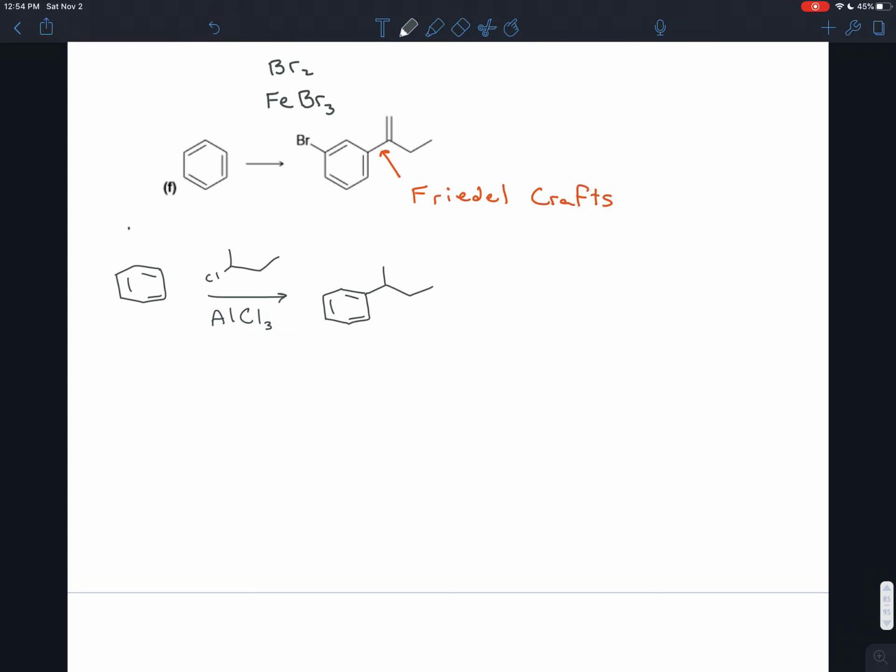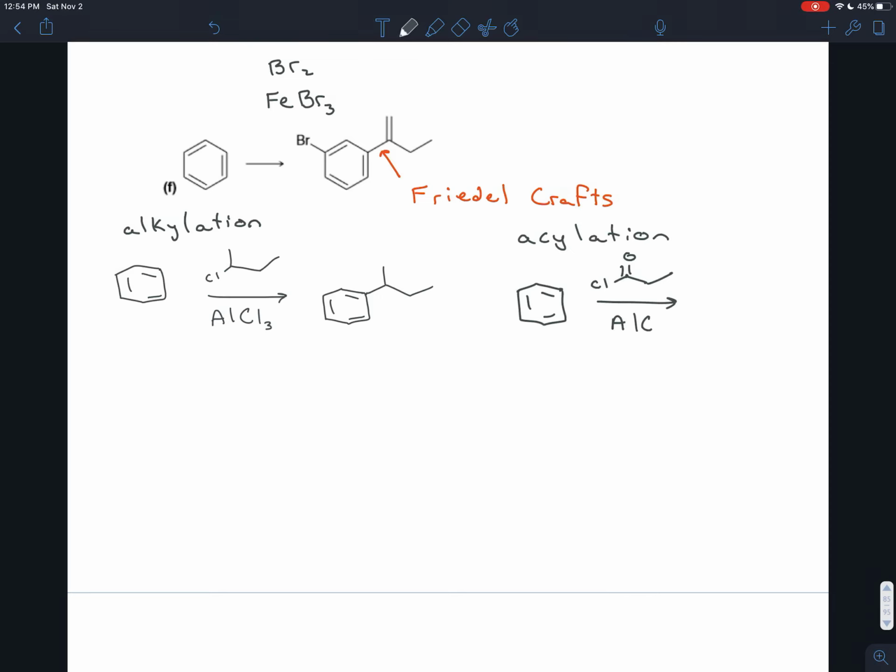Remember, so this is an alkylation. If you're doing the Friedel-Crafts acylation, that means you take the benzene ring and you treat it with an acyl group. That's a carbon to oxygen double bond and then some sort of a carbon chain.